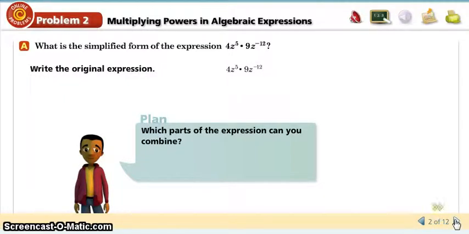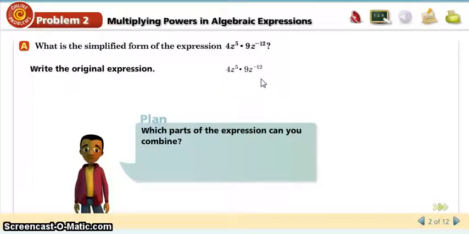Think about what have similar, maybe, vocabulary terms. For example, if I ask you for the coefficient of z to the 5th, you would tell me 4, hopefully. And if I ask you for the coefficient of z to the -12th, you would tell me 9. So 4 and 9 are both coefficients, so they have the same vocabulary terms.